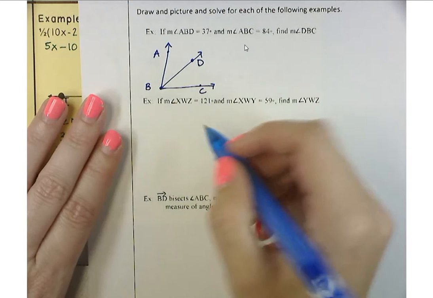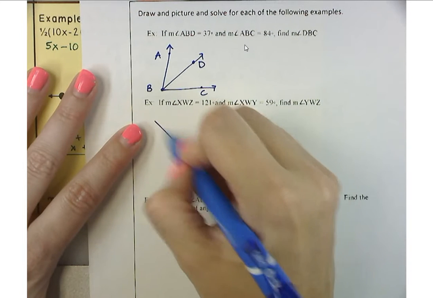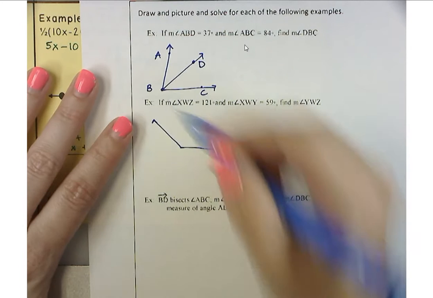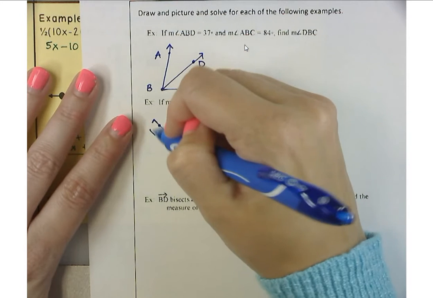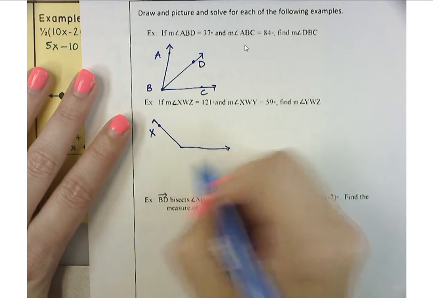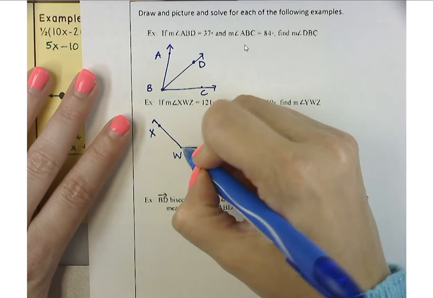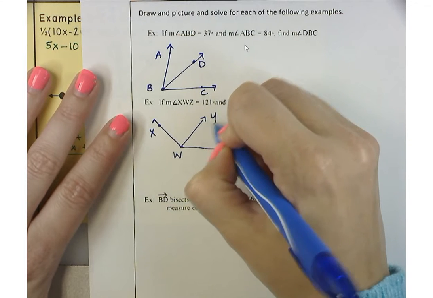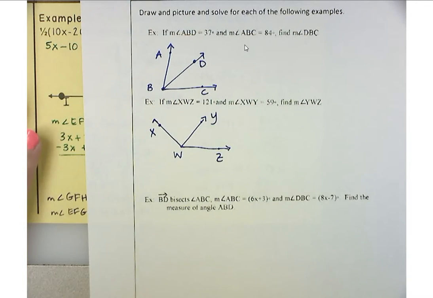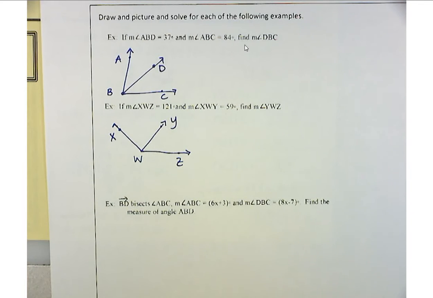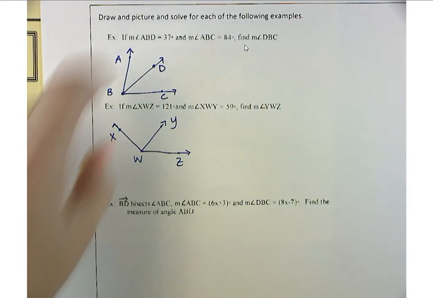And then for the second one, this angle is X, WZ, and this is Y. Okay, so I'm going to give you some time right now to finish those two.